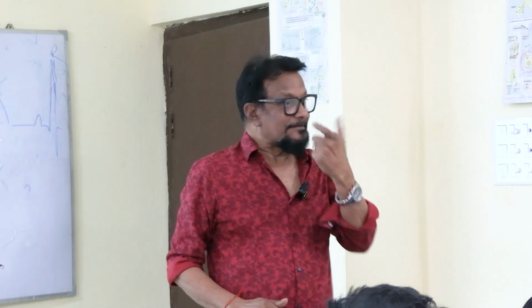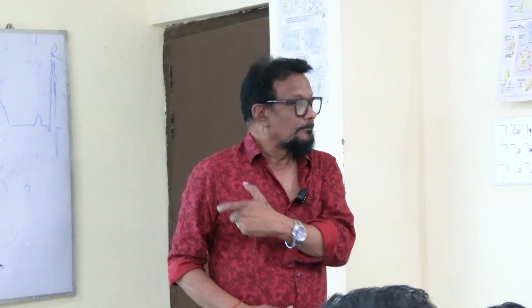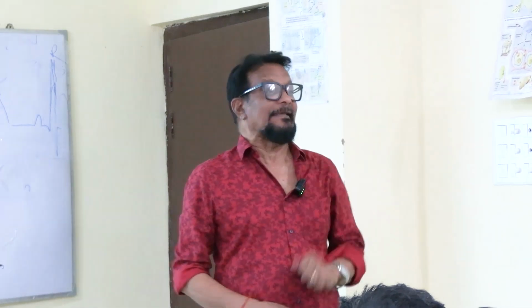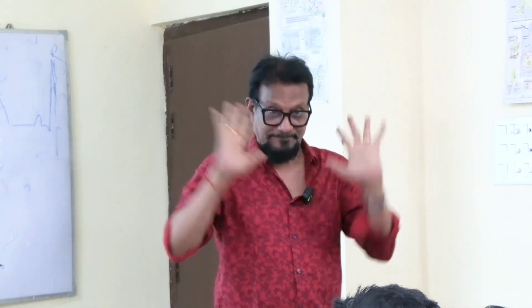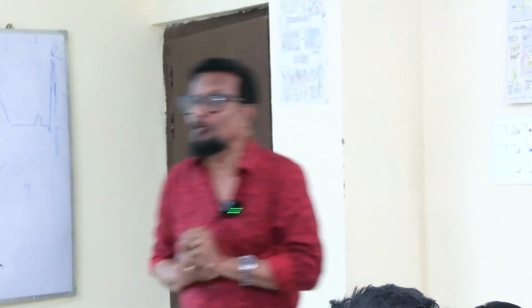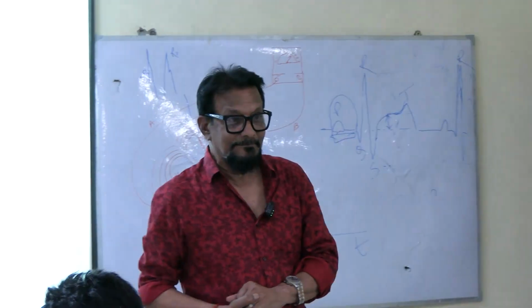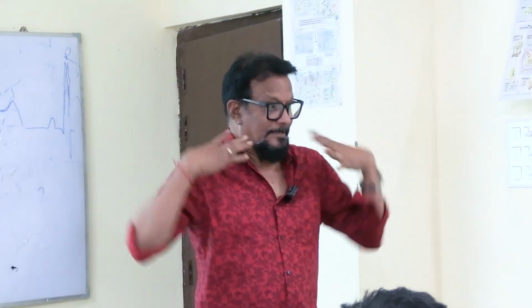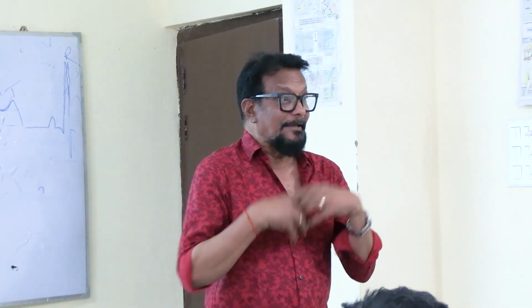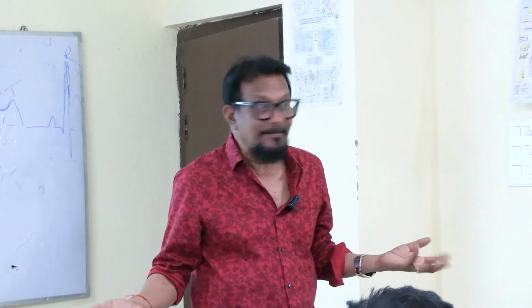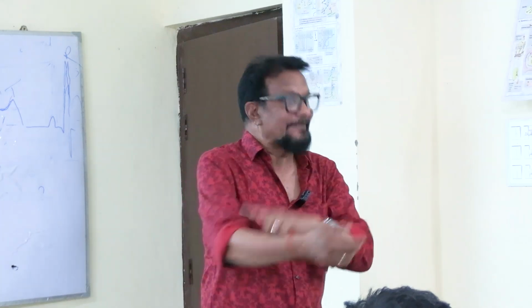Now think one thing. I said the heart is now a dipole having two polarities, and it is immersed in a volume conductor. What is a volume conductor? My body is the volume, and it has different conducting things like body fluids and tissues.